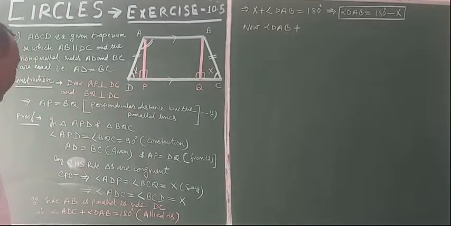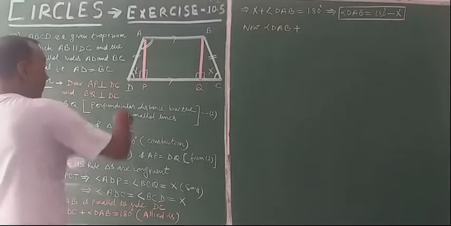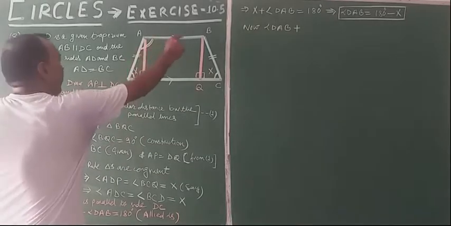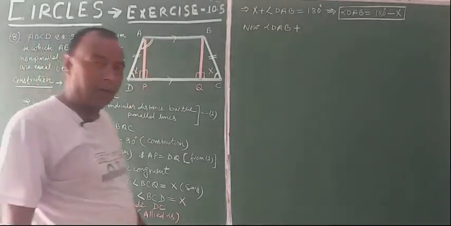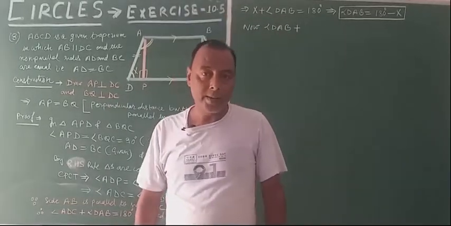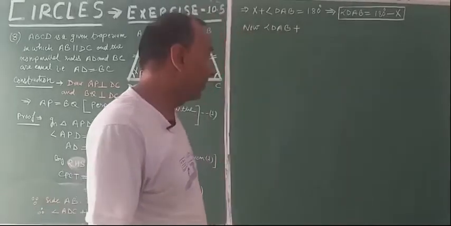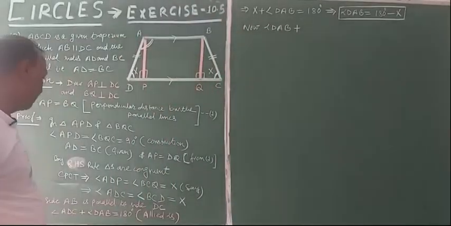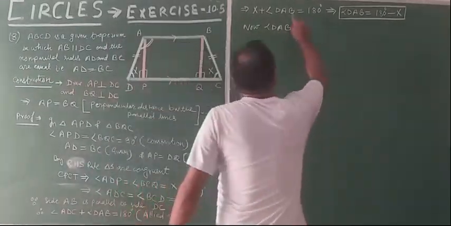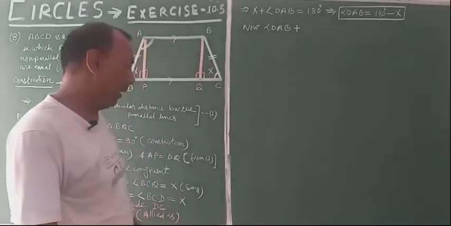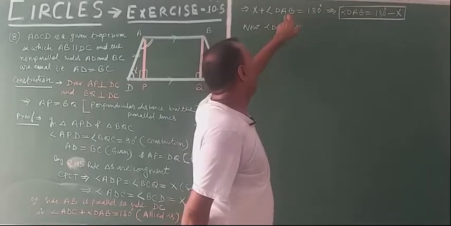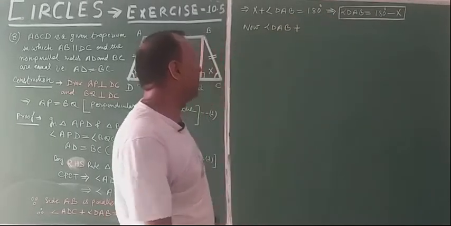So therefore angle ADC plus angle DAB, their sum will be 180 degrees because they are allied angles, they are co-interior angles. Now put the value of ADC. ADC is X. Therefore X plus angle DAB is equal to 180 degrees. Therefore angle DAB will be 180 degrees minus X.